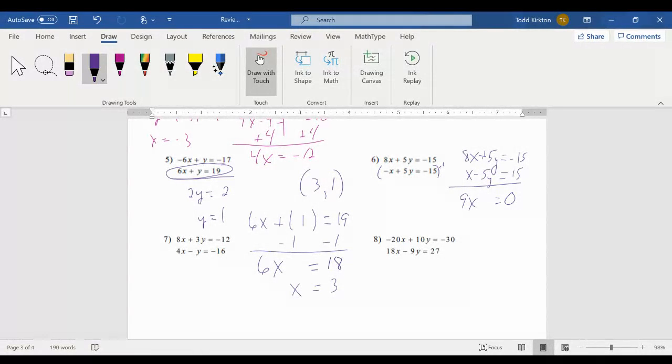Variables did not go away. It's not no solution or infinite solutions. It's just 0. It's what your math teacher is getting you for Christmas. So x is 0. I need to find y. I just need to substitute in, so -0 plus 5y equals -15. There's no such thing as -0. So divide by 5, y equals -3.